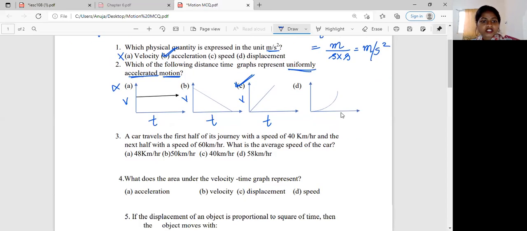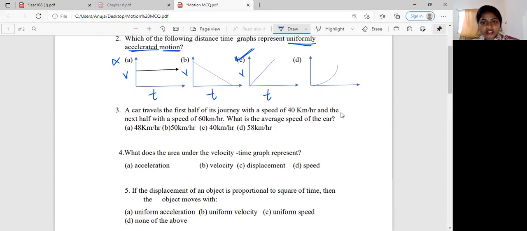Yes. Now the third question. A car travels the first half of its journey with a speed of 40 km per hour and the next half with a speed of 60 km per hour. What is the average speed of the car? For finding the average speed, the formula is V average is equal to twice of V1 into V2 upon V1 plus V2.